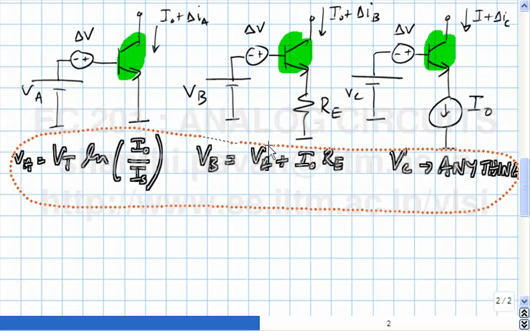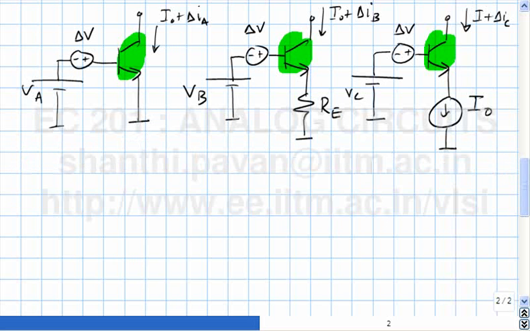Now can somebody comment quickly on delta IA? So when VA was applied, the current was I naught. When I apply VA plus delta V, what happens?